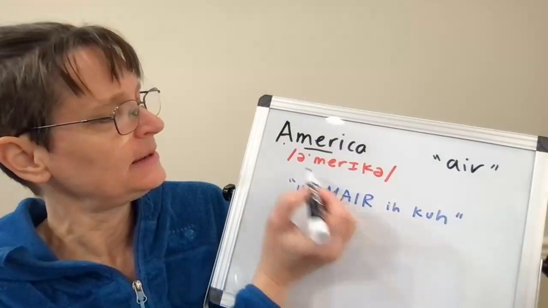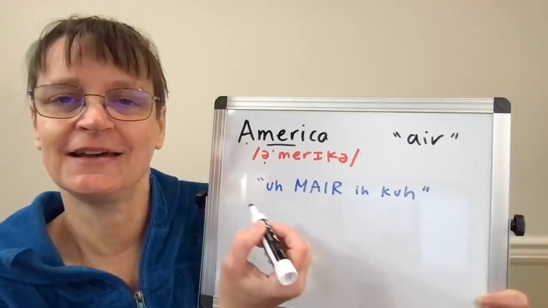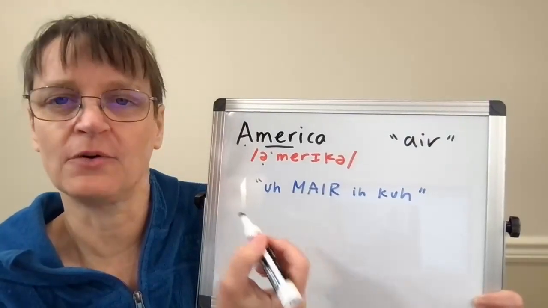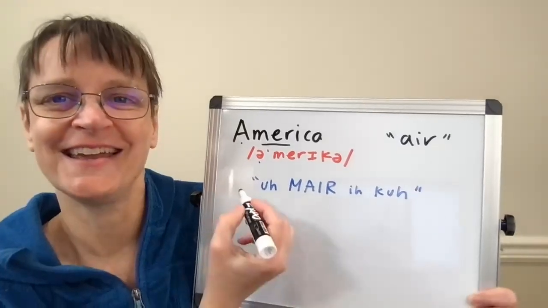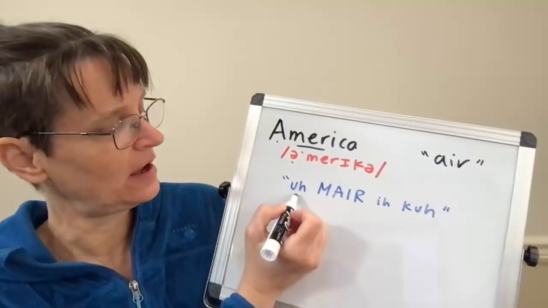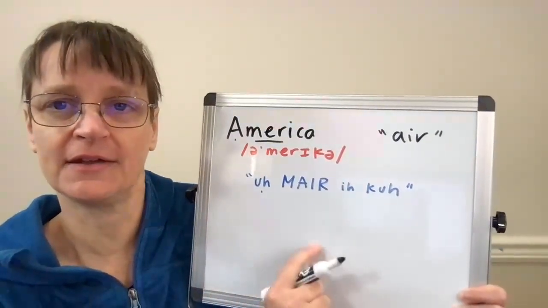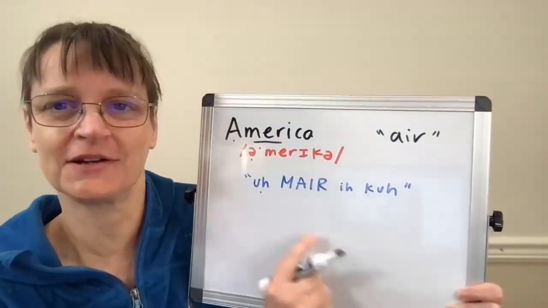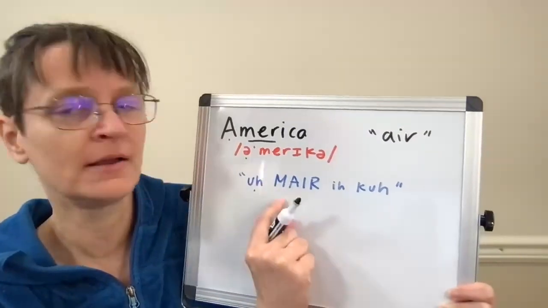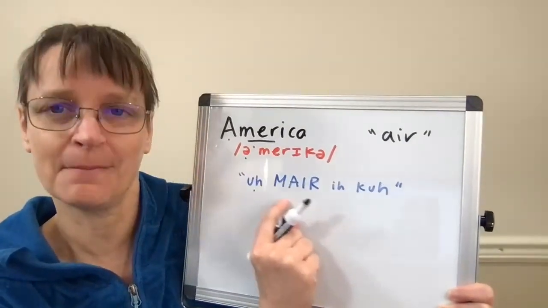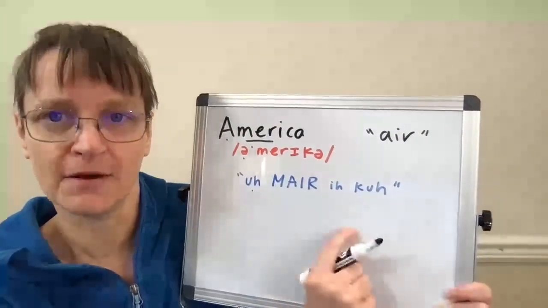Letter A in America, any sort of A or ah sound, is the vowel schwa. Because it's unstressed, it's short. And a good way to get the stress pattern correct is to start with just the mare, America, America.